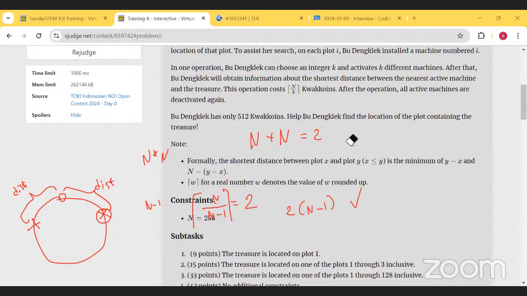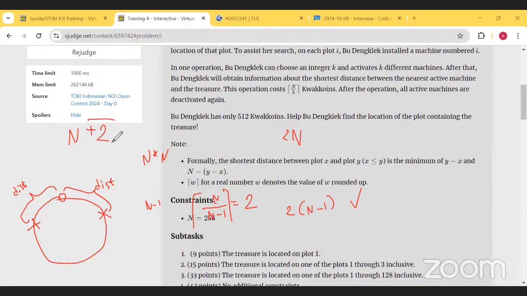Okay, another better solution that is not 2 times n. What if after this query with cost n, we can make sure of the answer in just 2 coins? Any idea?